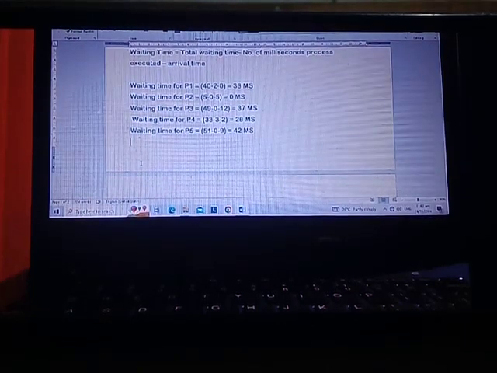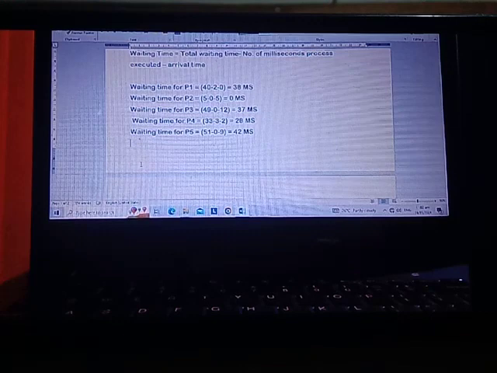So what is the waiting time for P1 during its last occurrence? It was 40. It caught the CPU at 40 milliseconds. So that is the total waiting time of a particular process.